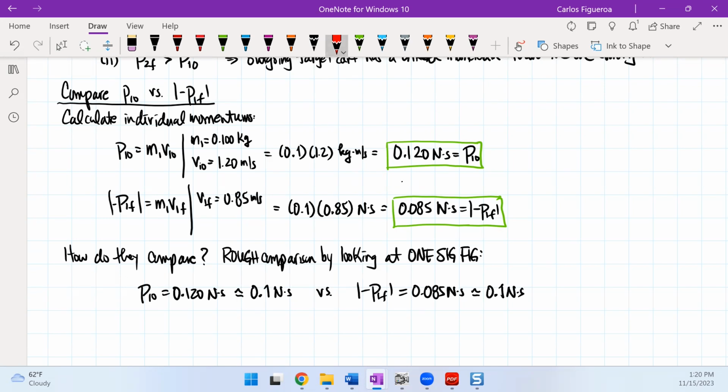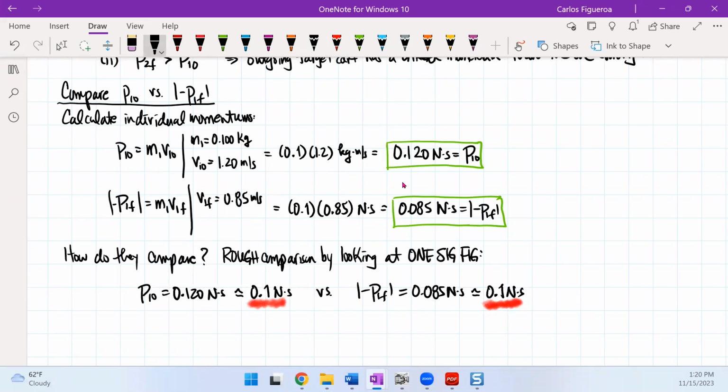So when I'm looking at this guy right here, and I'm looking at that guy, very roughly they're comparable. In other words, the speed of the ball coming in is equal to the speed of the ball coming out, roughly. But of course, they're not the same. That's only to 1 sig fig.